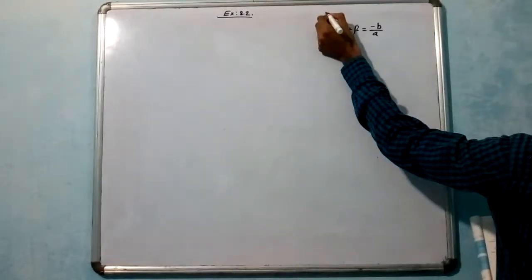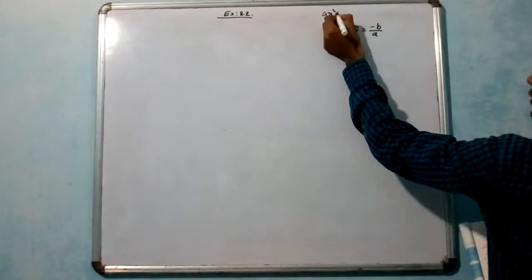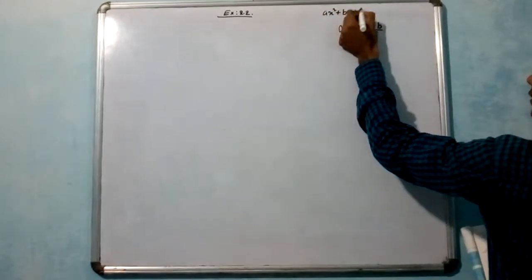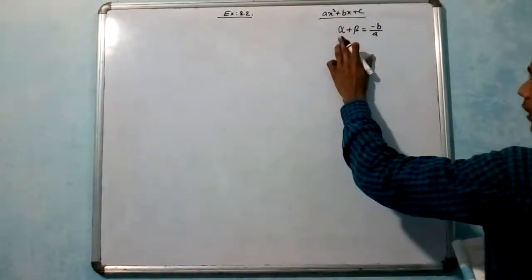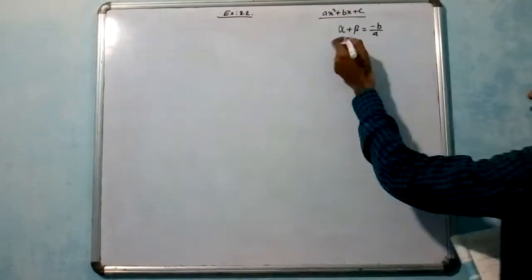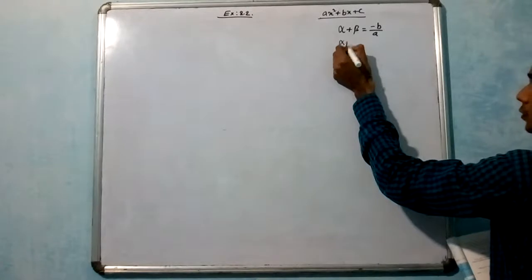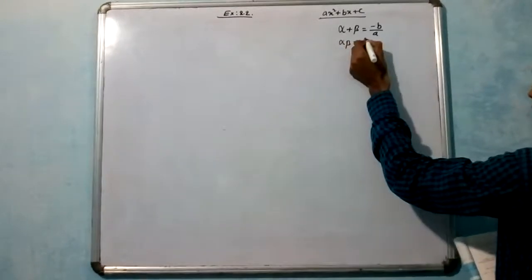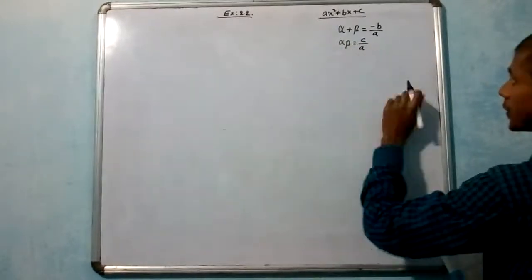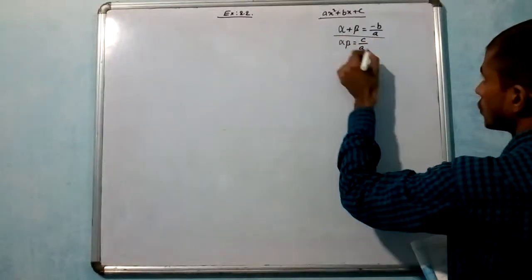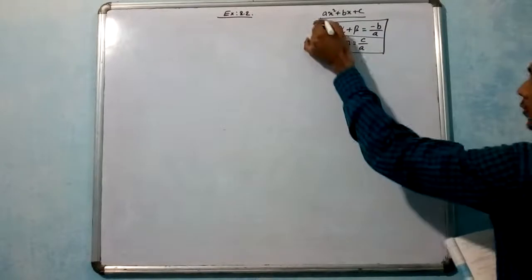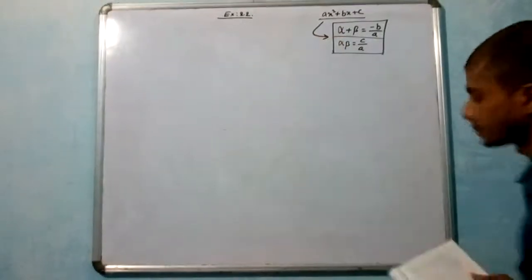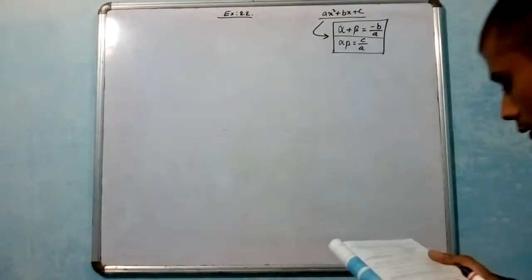And the standard format of this is ax square plus bx plus c, isn't it? Alpha and beta are the zeros. Alpha plus beta is equal to minus b by a, and alpha into beta is equal to c by a. These were the two relations we had. Okay, fine.